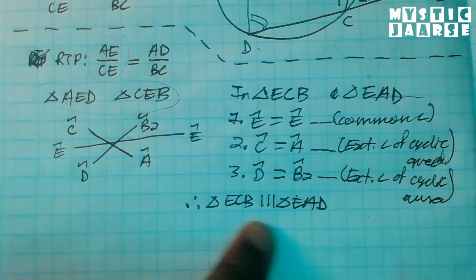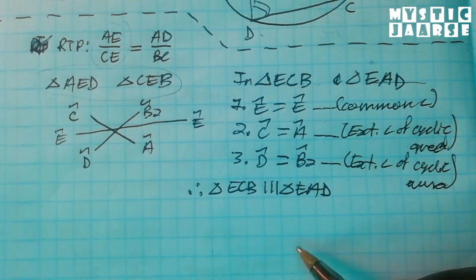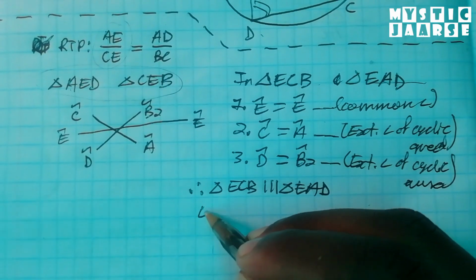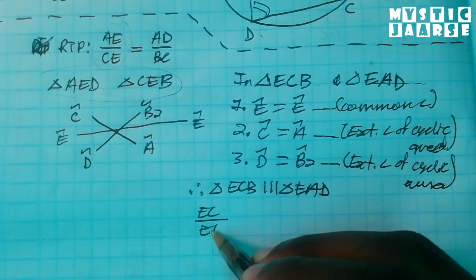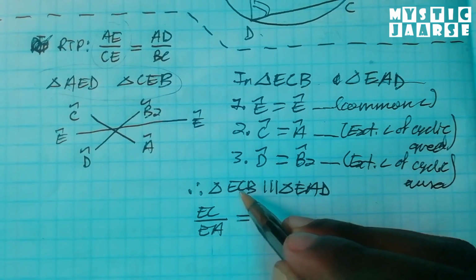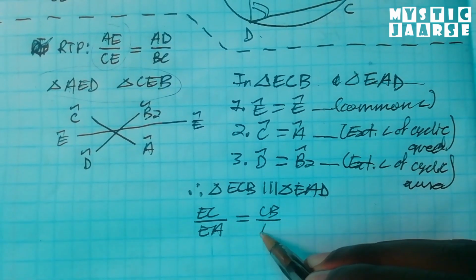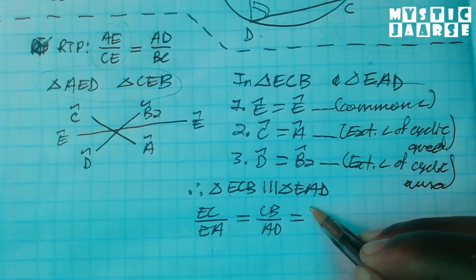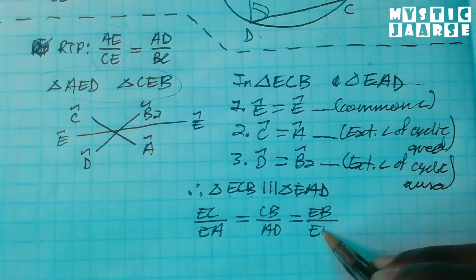So from here we can take out all the corresponding sides of our two triangles. So we have side EC divided by side EA is proportional to side CB divided by side AD is also proportional to side AB divided by side ED.